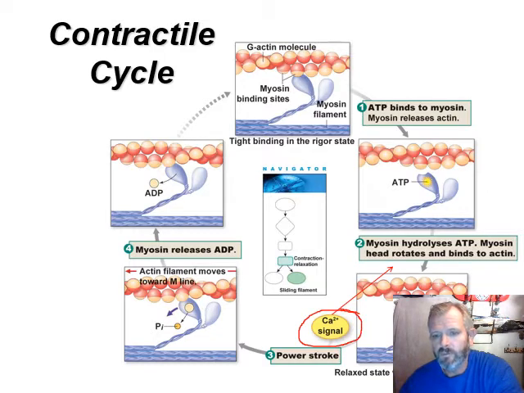Okay, because remember, we have to have calcium to get the interaction between myosin and actin. Right? If we don't have calcium, remember that tropomyosin is in the way and we can't get the interaction here.